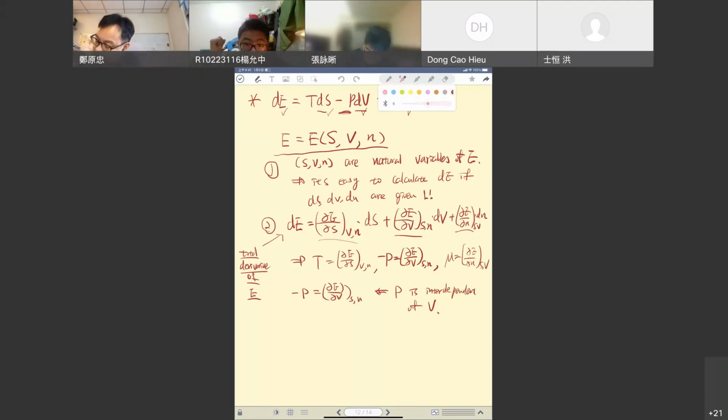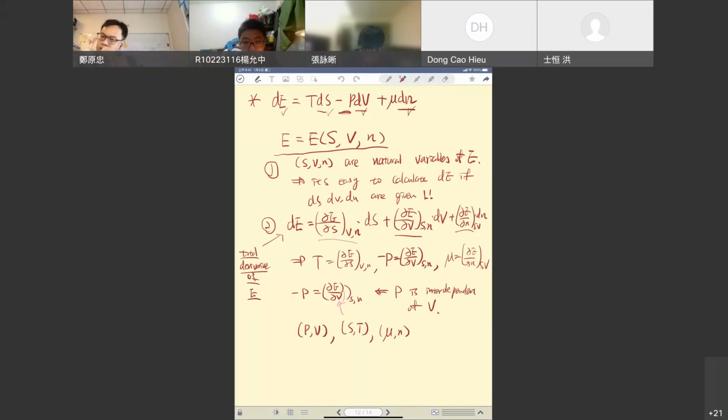Well, it's a first derivative with respect to volume change. They are interdependent. So this P and V, and of course here S and T and this mu and N.